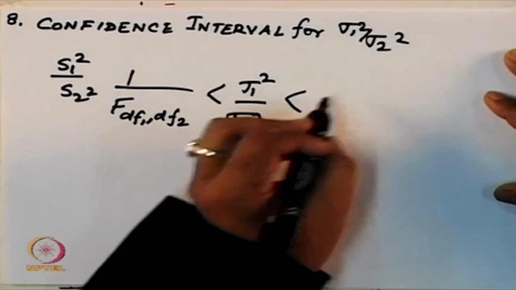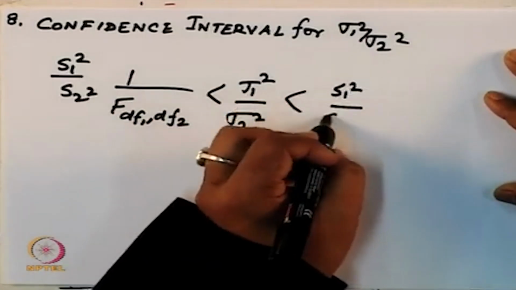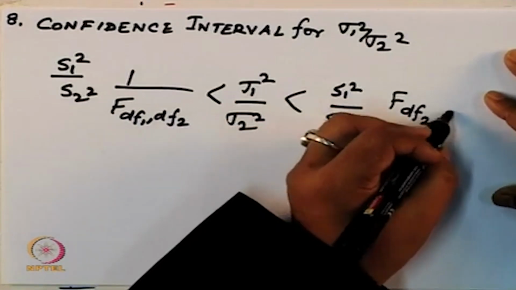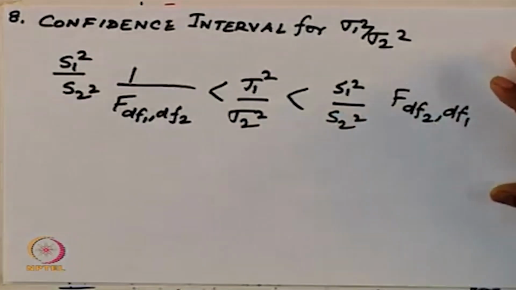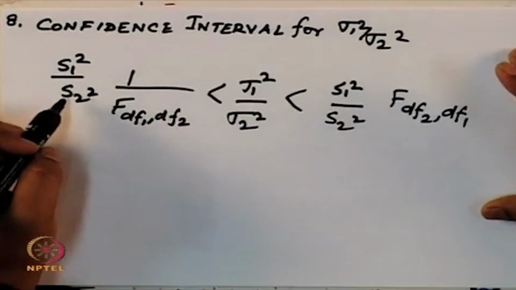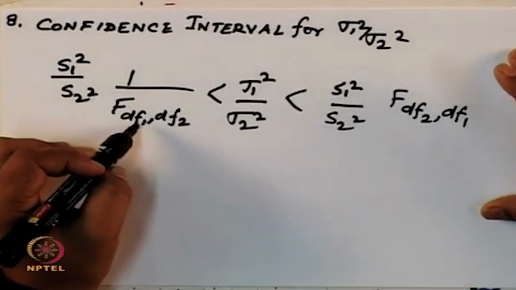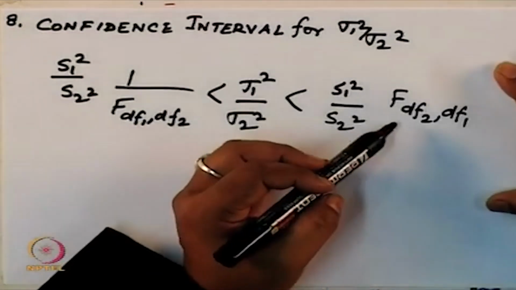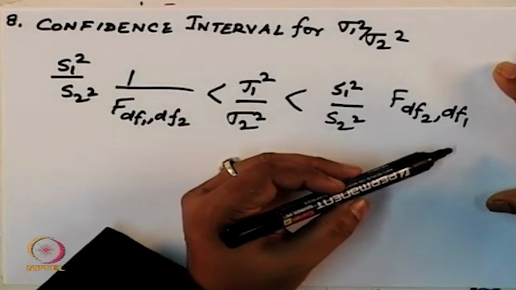What you see are two different terms: s1 square by s2 square into 1 by capital F of df1 comma df2, and the other one is f of df2 comma df1.